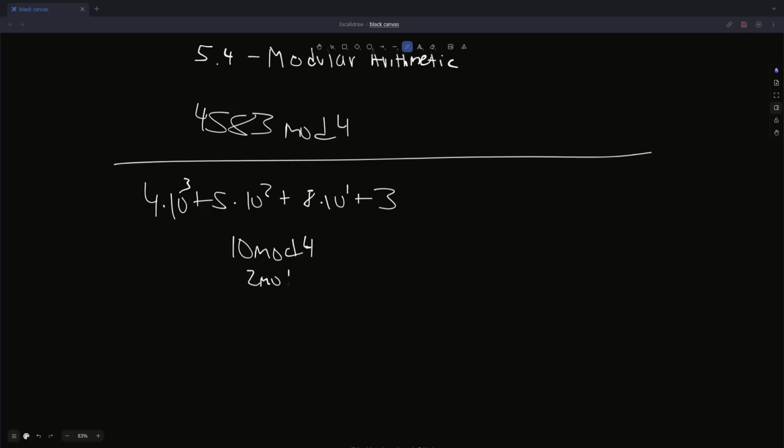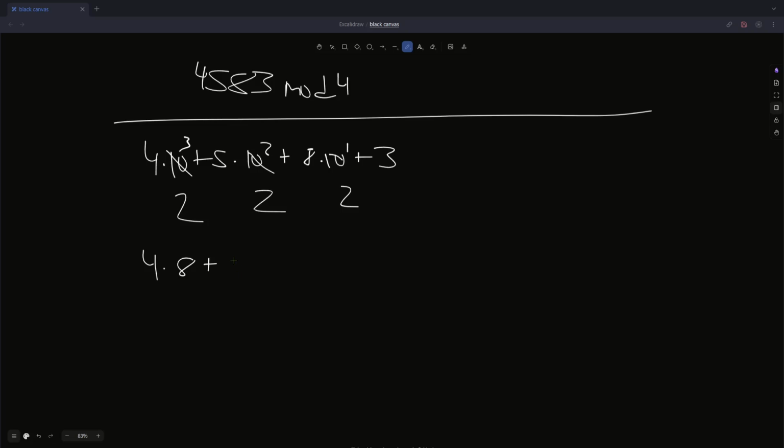So we get 2 mod 4. Because 4 goes into 10 two times. 10 minus 8 is 2. So that means we turn all of these 10s into 2s, which you can see would drastically shrink the number. We go from 10 to the third, which is 1,000, to 2 to the third, which is 8.